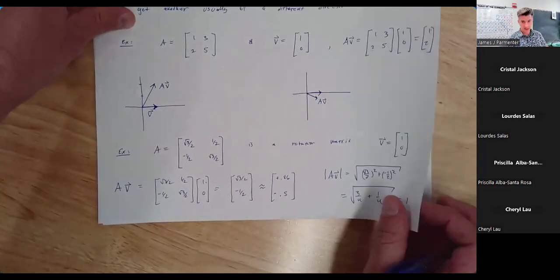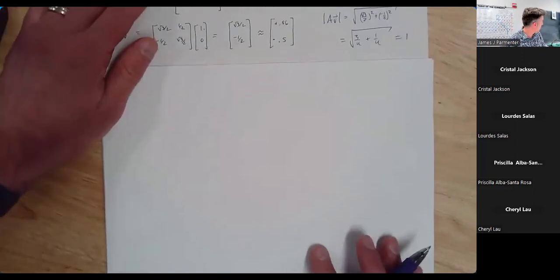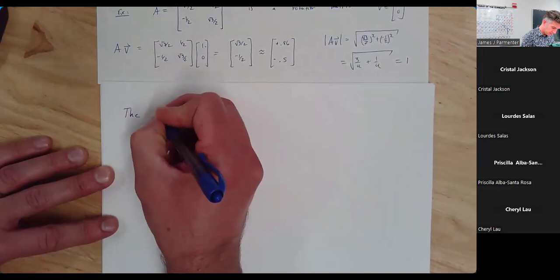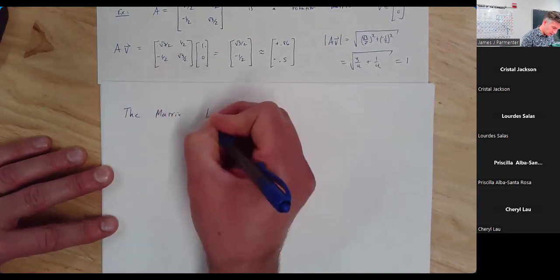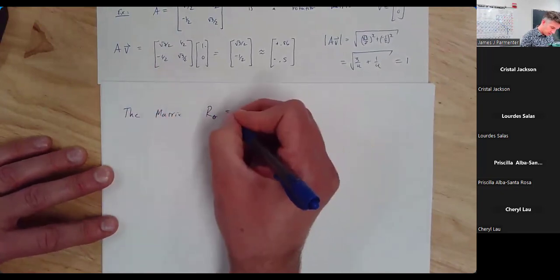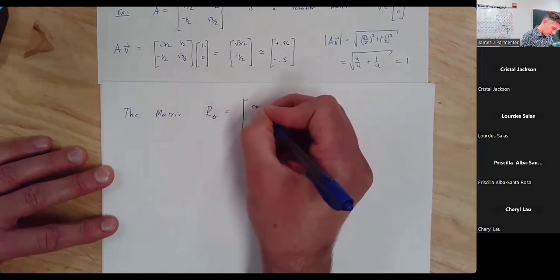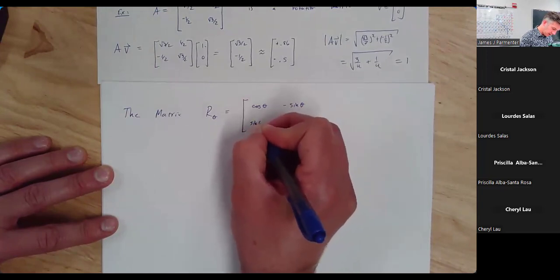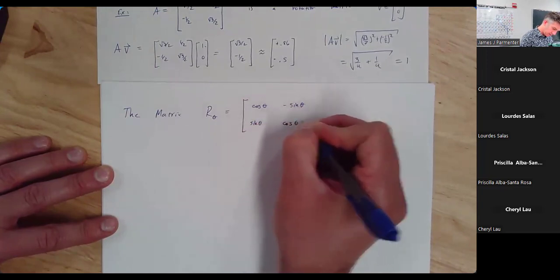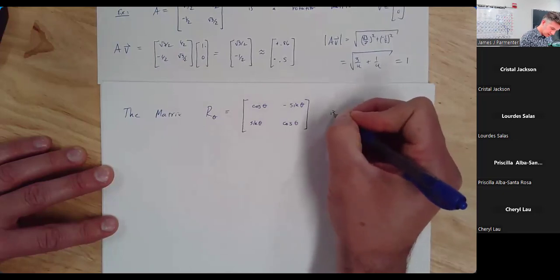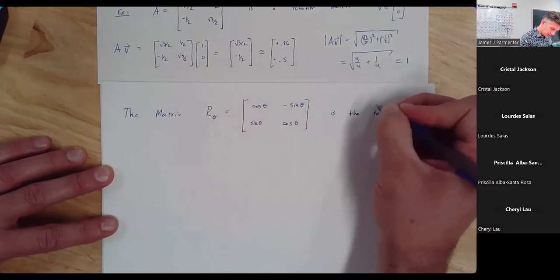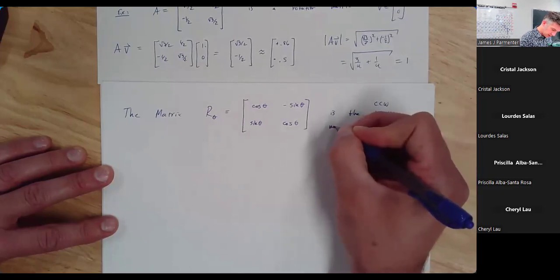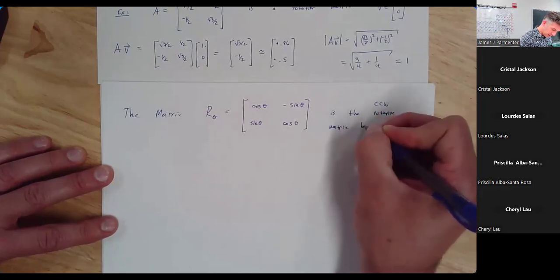More generally, because I think it's worth knowing, and I know there's a few homework problems about this, the matrix, I'm going to give it the name R sub theta, equal to cosine theta, negative sine theta, sine theta, cosine theta, is the counterclockwise rotation matrix by the angle theta.